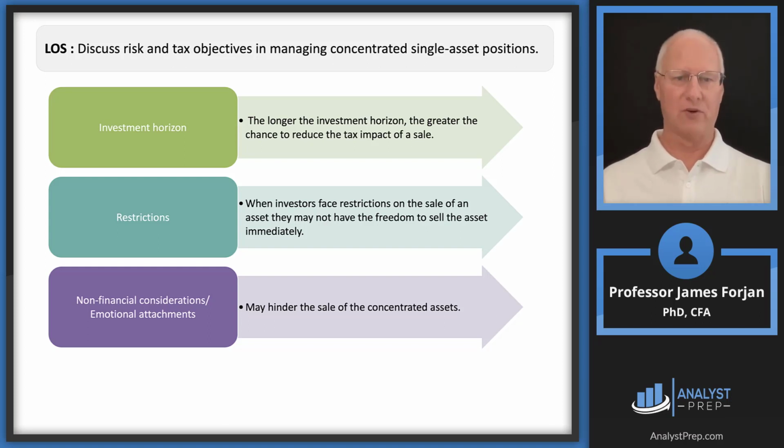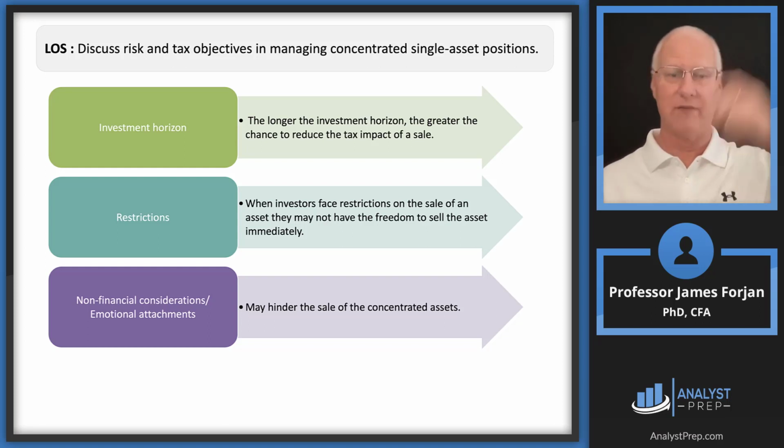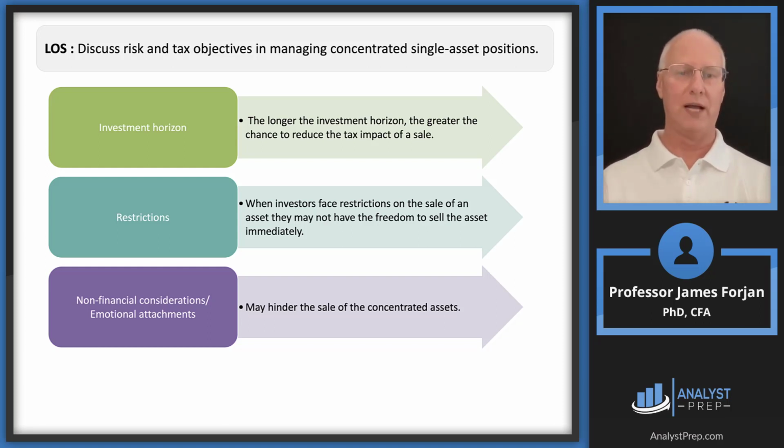And then non-financial considerations. They're the emotional attachments. Let me go ahead and warn you that this is a great place for the Institute to combine all of that stuff that we talked about in behavioral finance. Remember, cognitive errors and emotional biases. So this would not be a cognitive error. This would be an emotional attachment to the miniature golf course.